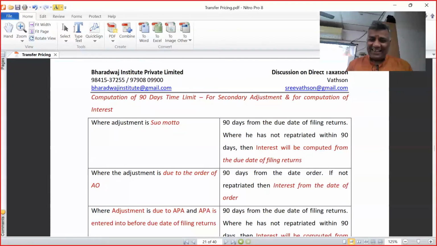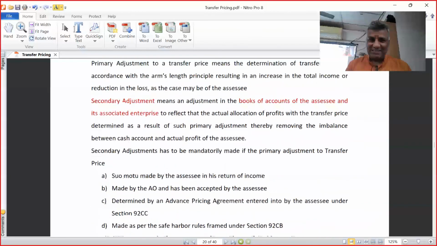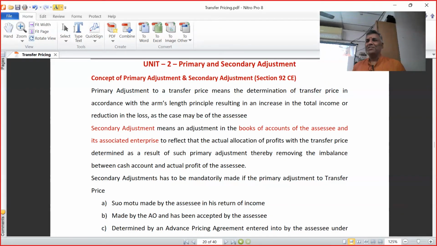Sorry, Raja. Okay. I'm just explaining the concept of primary adjustment and secondary adjustment. Primary adjustment means determination of transfer price in accordance with ALP, an increase in total income or reduction in loss in the books of the assessee.